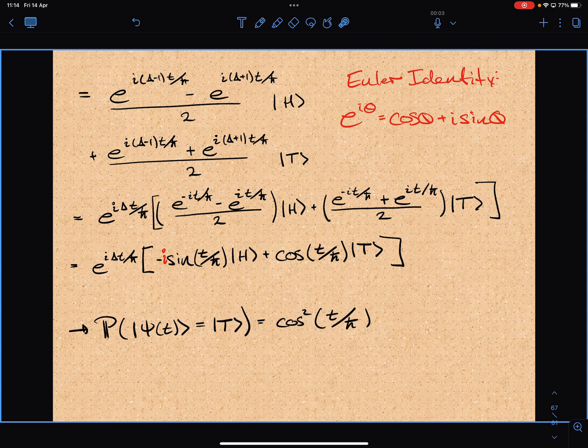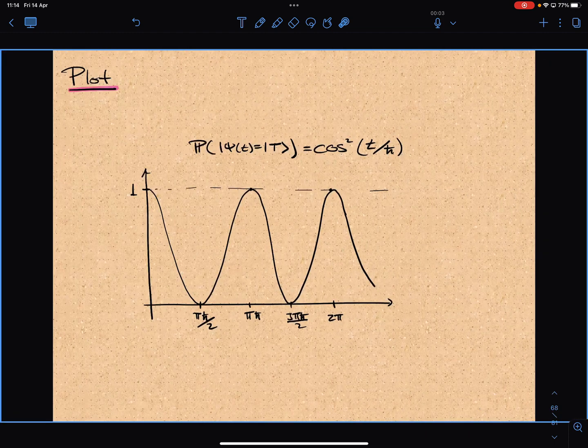So I want to take a second to interpret this result and what it means for our system. In here, this is a sketch of the plot for this probability function. At time 0, I start at probability 1, because that's where we started. And then we start oscillating between 0 and 1.